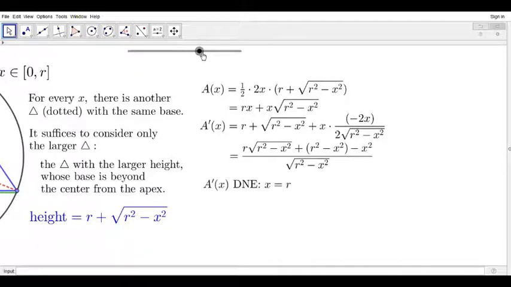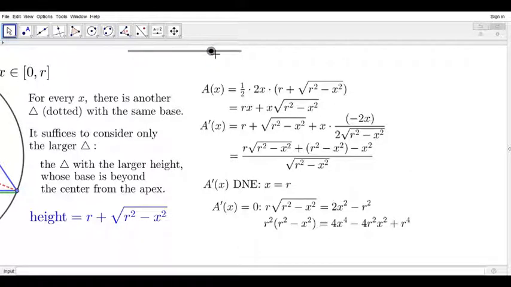That's going to happen when r times the square root of r squared minus x squared is equal to the second and third terms moved to the other side, which is 2x squared minus r squared. To solve for the value of x, let's square both sides. I can verify that. Cleaning things up reduces things to 0 equals this fourth degree polynomial.